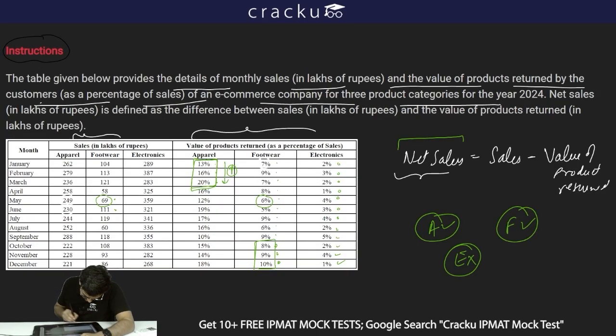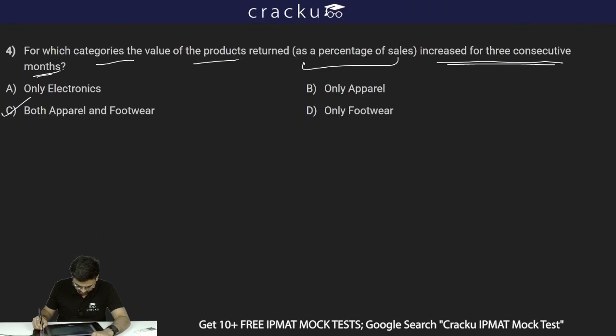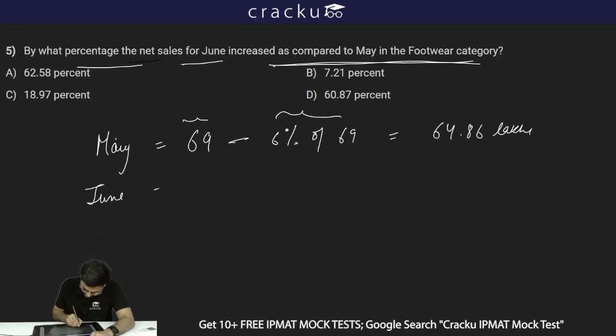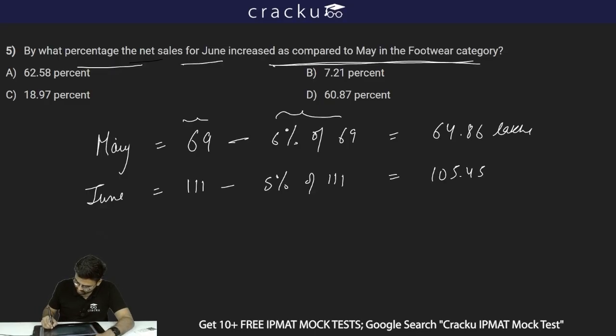For June, the total sales was 111 lakh rupees, but 5% of it was returned. So for June, my net sales will be 111 minus 5% of 111 lakh rupees, which is equal to 105.45 lakhs.